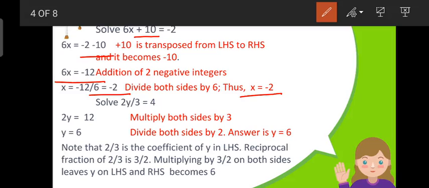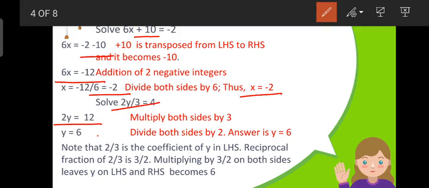Okay, so let's take another example. 2y divided by 3 is equals to 4. So 2y is equals to what? Here it is divided by 3, so when it moves to the RHS side, it becomes multiplied by 3. Therefore, 4 into 3 is 12. And on the LHS side, it is 2y because 3 has already gone to the RHS side.